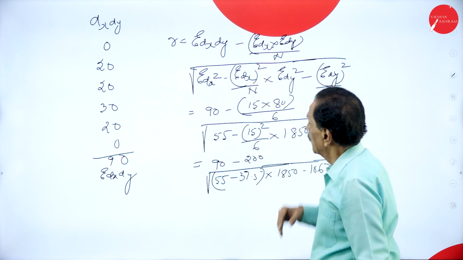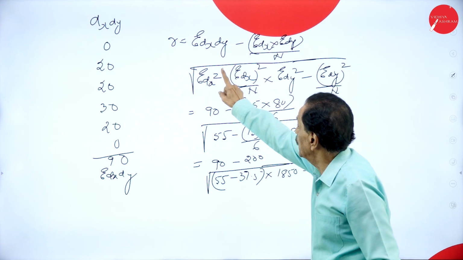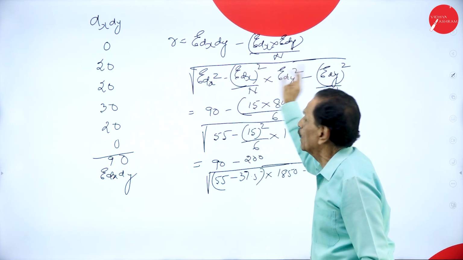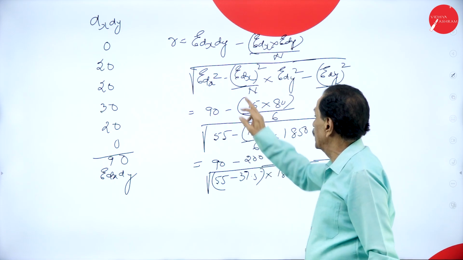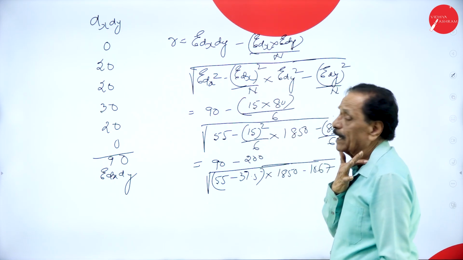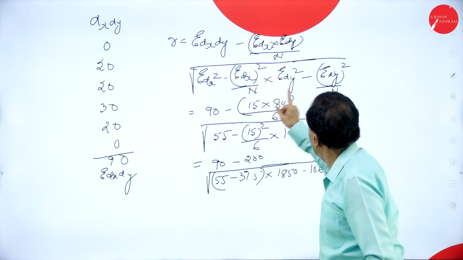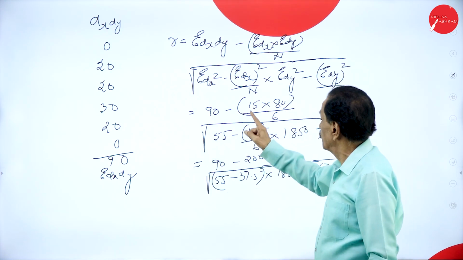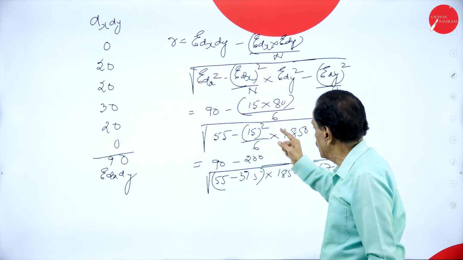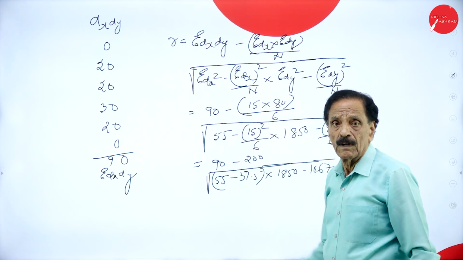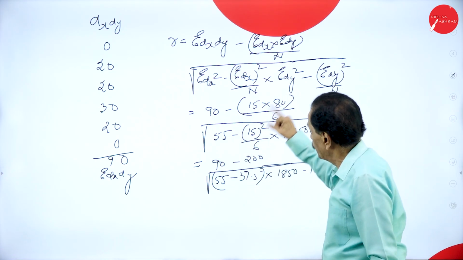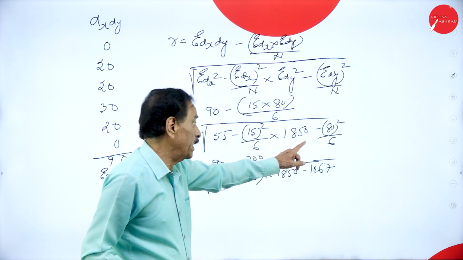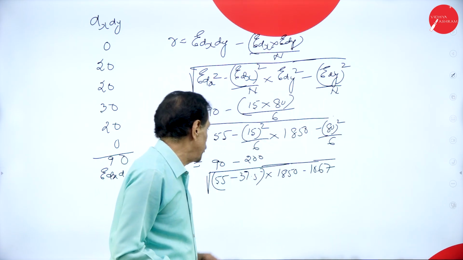Apply the formula. r is equal to sigma dx dy minus sigma dx into dy divided by n, divided by root of sigma dx square minus sigma dx whole square divided by n, sigma dy square minus sigma dy whole square divided by n. 90 minus 15 into 80 divided by 6, divided by root of 55 minus 15 whole square divided by 6, then 1850 minus 80 whole square divided by 6.